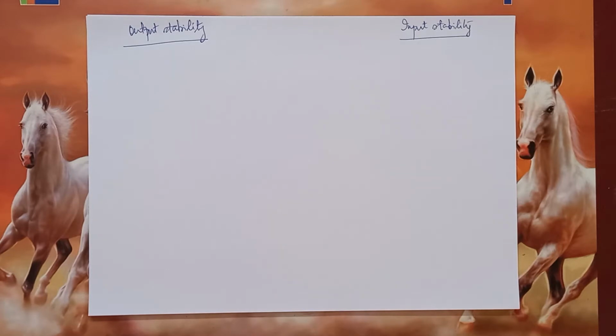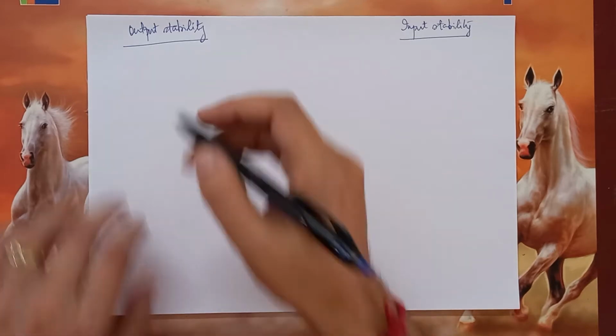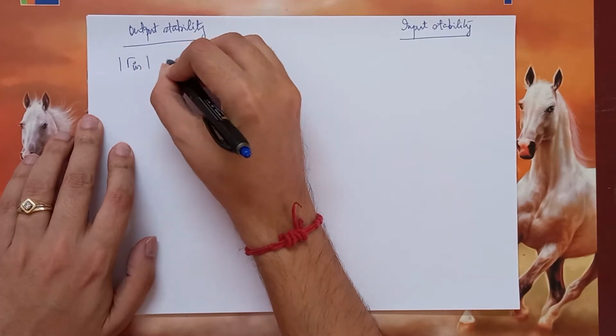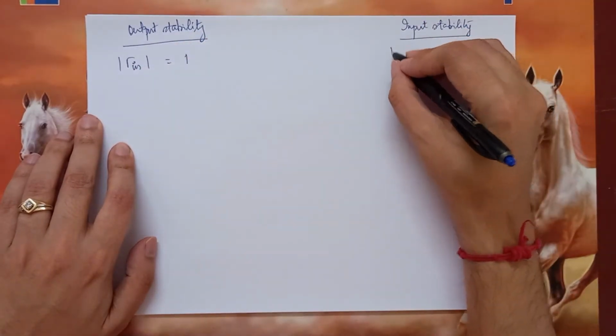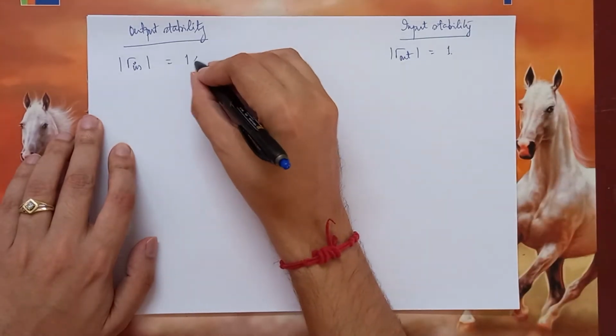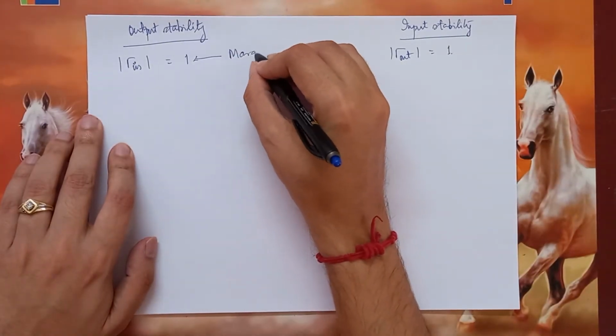So to find out what governs the choice of those source and load impedances, we said let us consider the condition for marginal stability. That is when the modulus of the gamma in and the gamma out are both equal to 1. So for output stability, the gamma in magnitude should be 1, and for input stability, the mod of gamma out should be 1. These are the conditions for marginal stability.